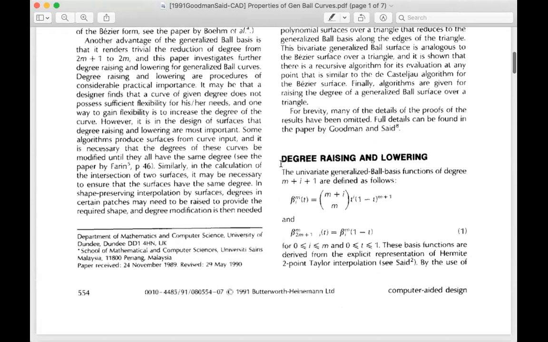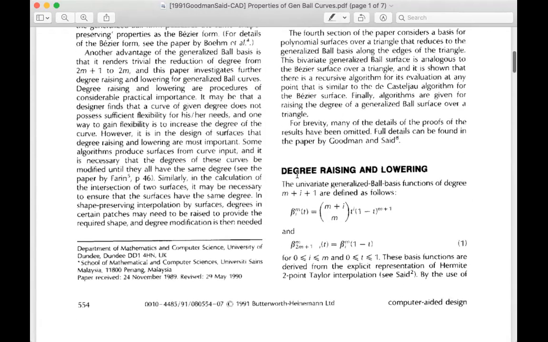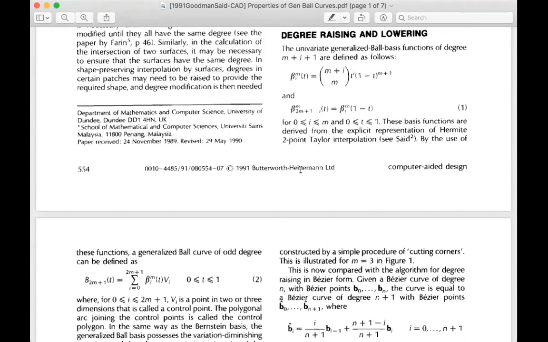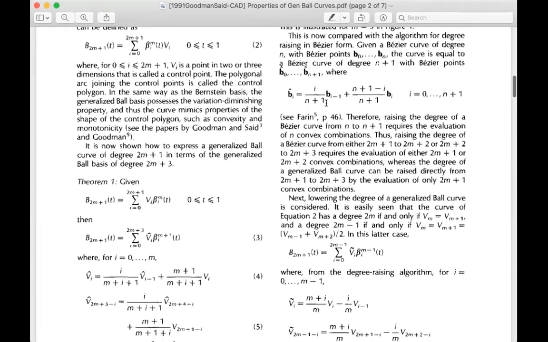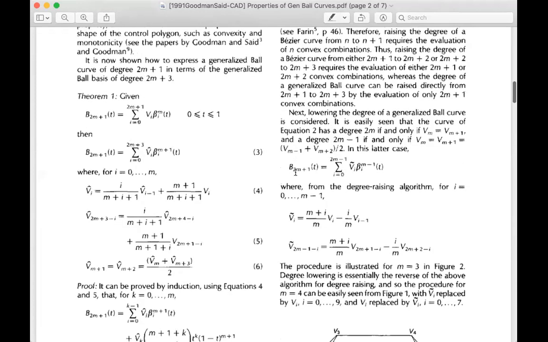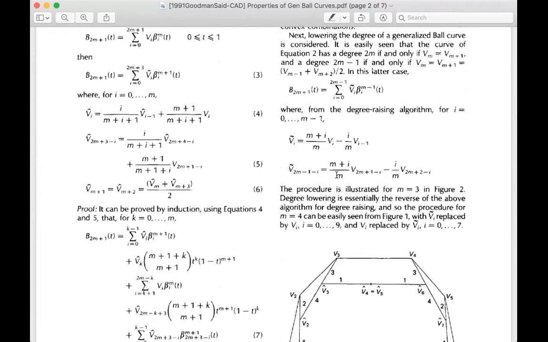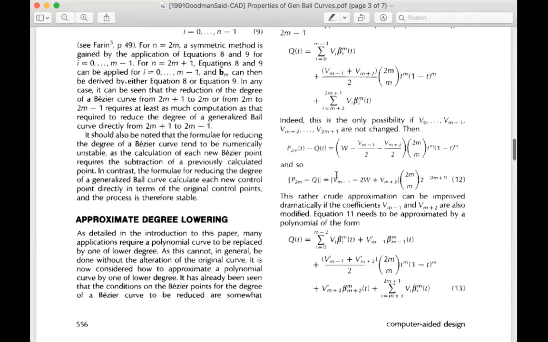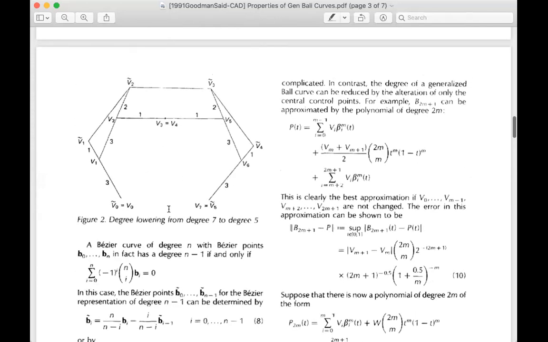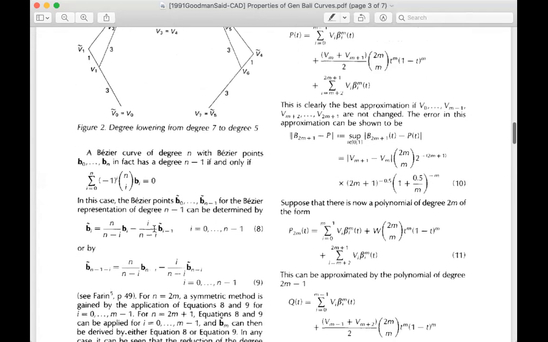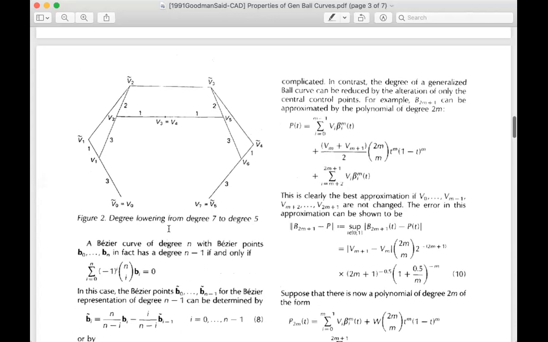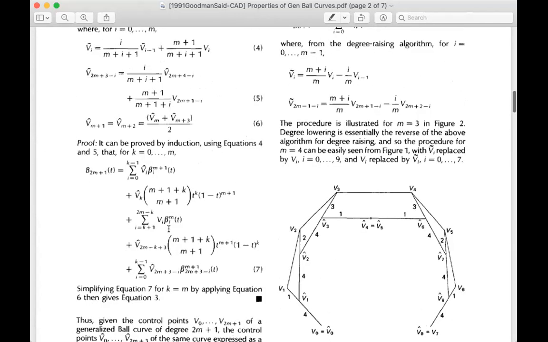If you could remember degree elevation and degree reduction, in this paper it will show you the degree elevation for the Bezier curve. But if you want to find the degree elevation for the Said-Ball curve, you may have to use this to employ Bezier curve degree elevation in order to calculate the Said-Ball curve degree elevation.